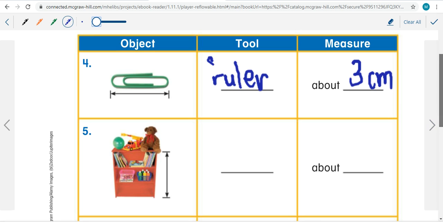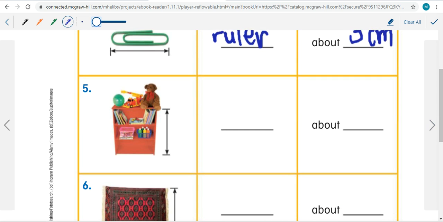Now, this toy box, it's a furniture. Now, which tool do you think it's better to measure with? It's a meter stick because it's bigger. Okay? Now, about how many meters tall do you think this object is?